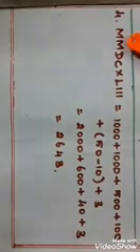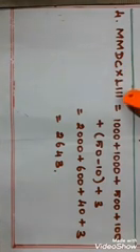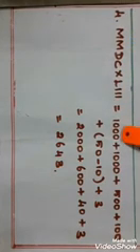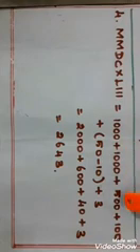Similarly, MMDCXLIII. Value for M is 1000 plus 1000 plus 500 plus C is 100. X, L is given. X is smaller than 50.